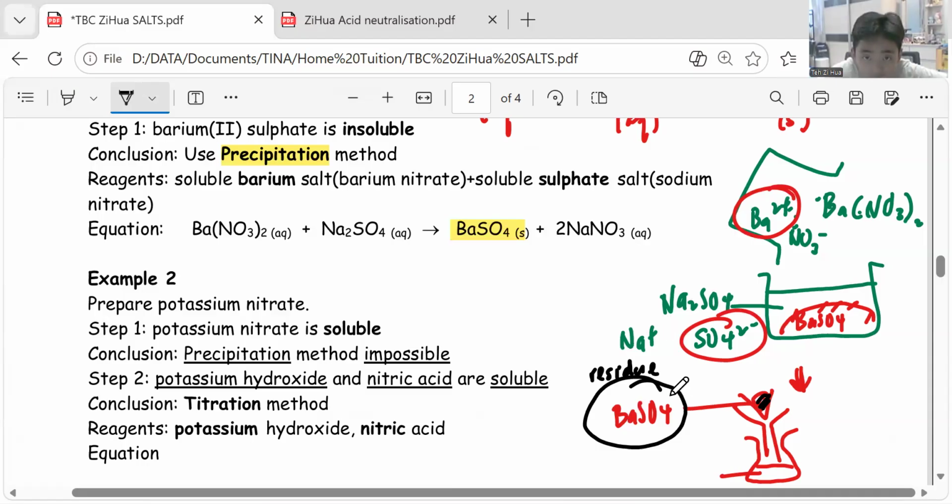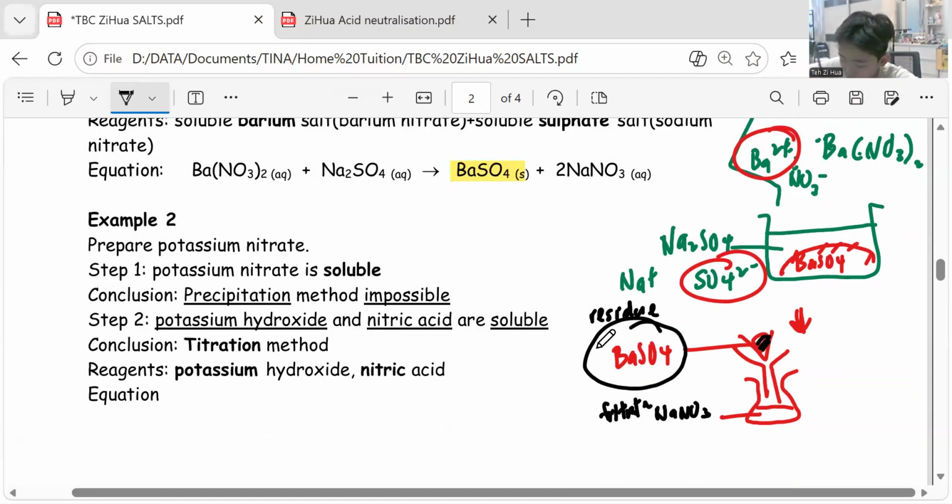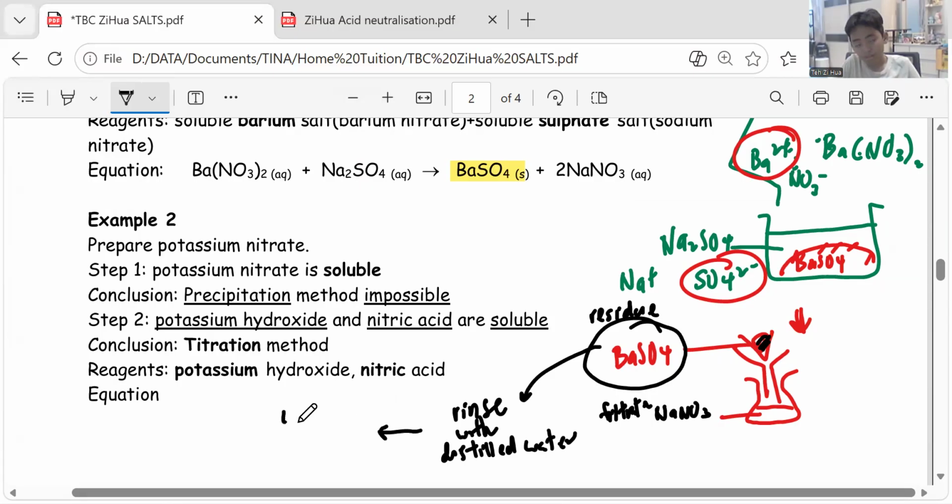Do you understand? Then what is this down here? This is the filtrate. Who is left over? 2NaNO3. So sodium nitrate is the filtrate. It's an aqueous solution. So if I want this salt, since it's already solid, all I need to do is rinse with distilled water and then dry them between filter paper.